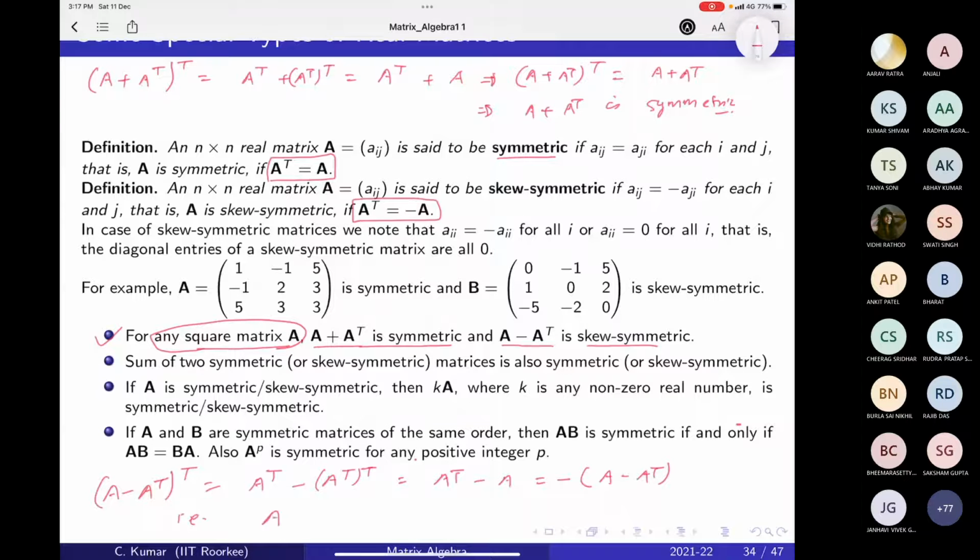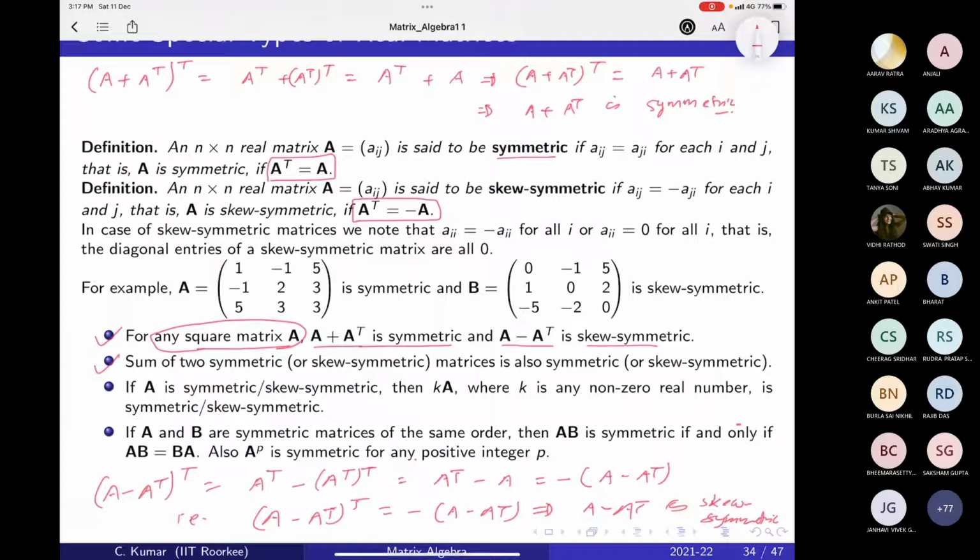So from here we get that the transpose of A minus A transpose is equal to minus of A minus A transpose. This means that A minus A transpose is skew symmetric.